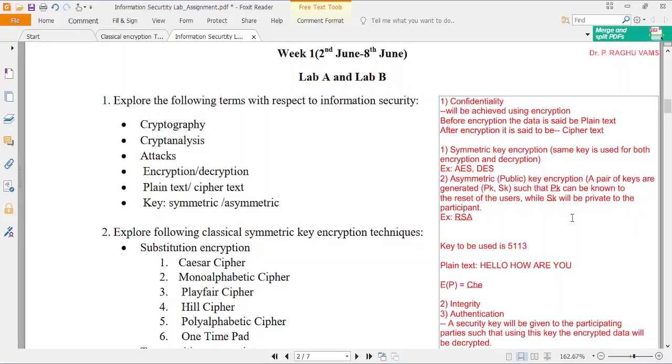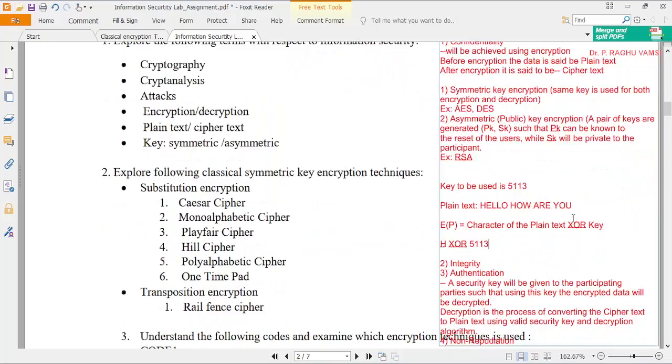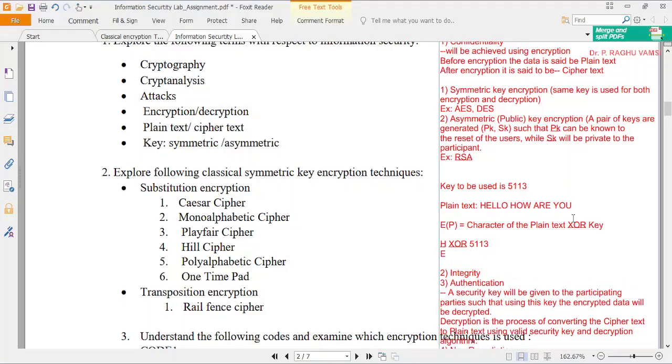Each character of the plain text is combined with the key using the exclusive OR operation. That means each character, H XOR with the key, that is 5113. And whatever output you get, you will consider that. And next is E. E XOR 5113.